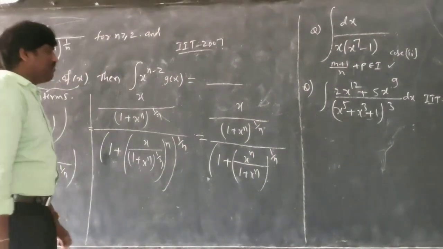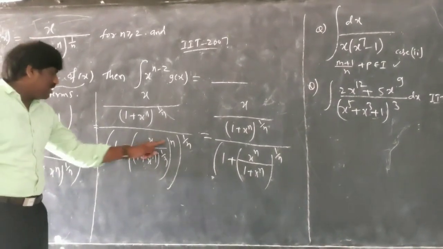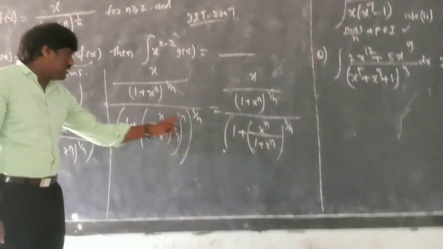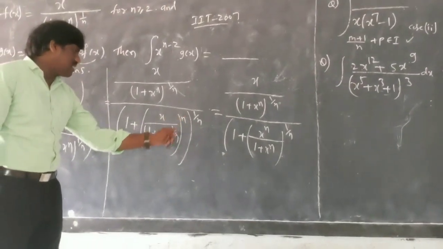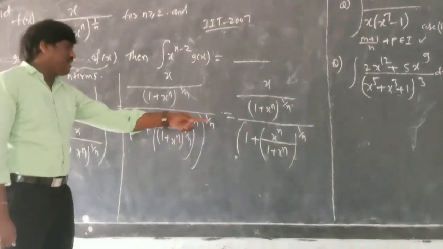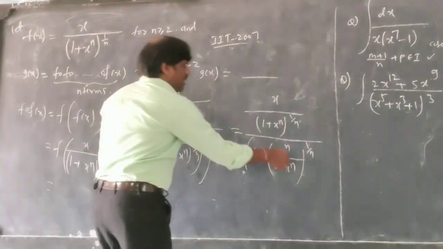So this is what you have. Hope you understand what is replaced here. I distributed x power n, and this power I distributed to this. This n gets cancelled out, and the whole power 1 by n is left. Now let us take this LCM.